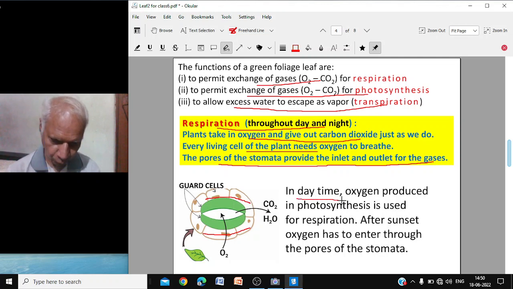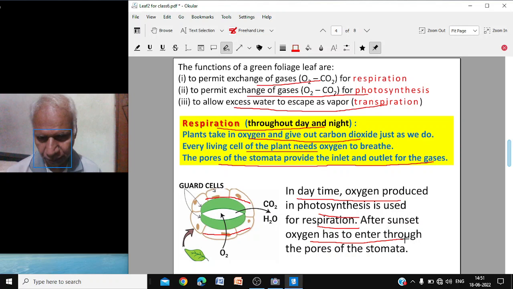In daytime, oxygen is produced in photosynthesis, which can be used for respiration. But after sunset, when there is no sunlight, what happens? No more photosynthesis. At that time, only respiration. So oxygen has to enter through the pores of the stomata. But respiration will take place always throughout day and night and in every cell.